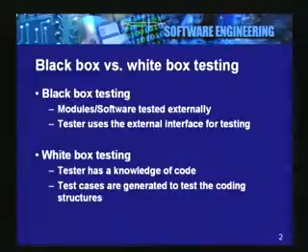The tester uses the external interface for testing, and in white box testing, as opposed to the black box approach, the tester has the knowledge of the code. So, in a black box method, you do not know what is there inside.